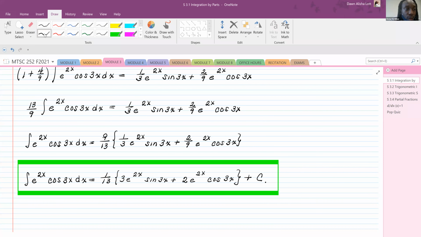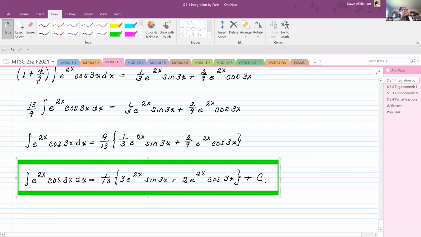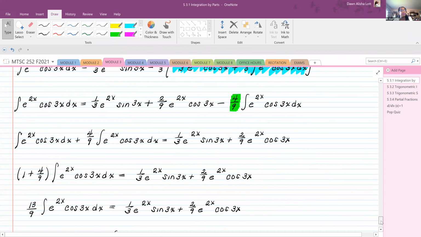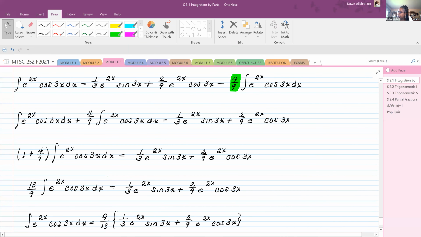Dr. Lott, when you were at, I think it was the fourth to last step, when you have 1 plus 4/9 times the integral, where did the 1 come from again? Okay, so right here, the coefficient of this is 1.